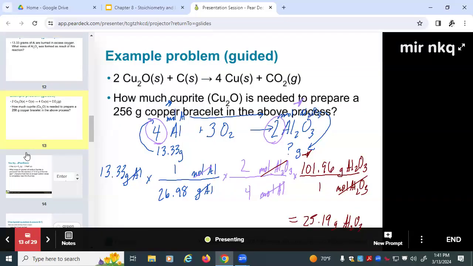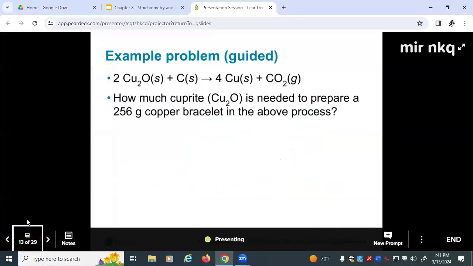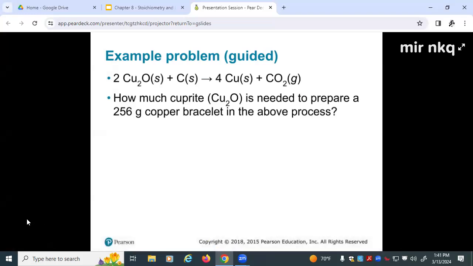All right, let's try another one here. Here I have a reaction between copper 1 oxide, cuprite, and carbon to make purified copper. Question is, how much cuprite do I need to make 256 grams of copper for a bracelet?